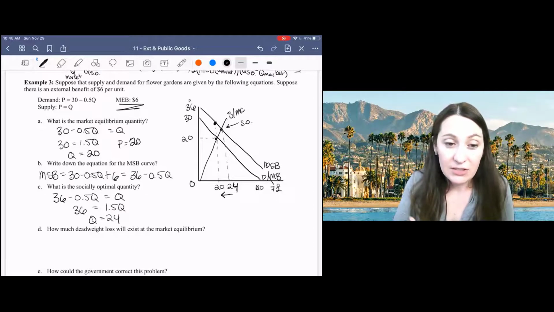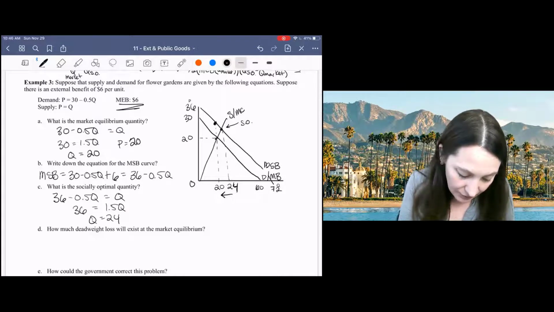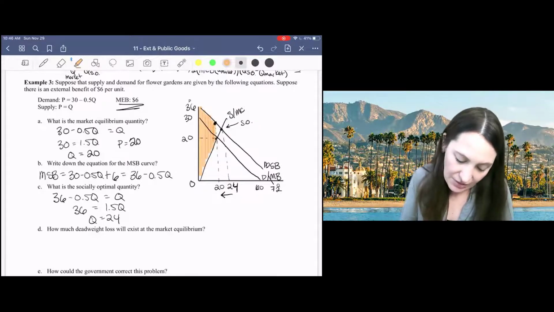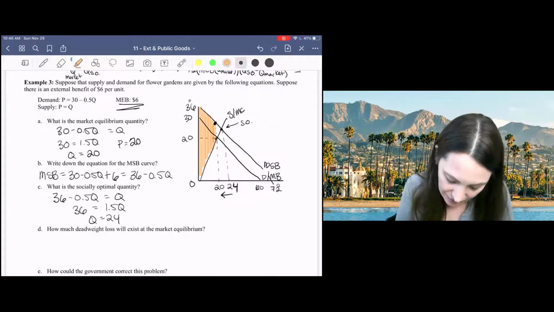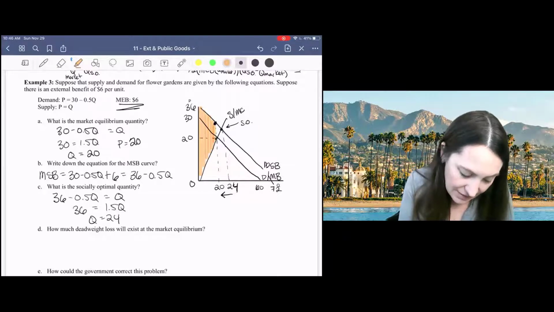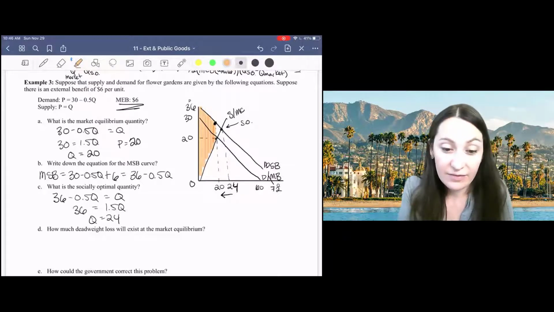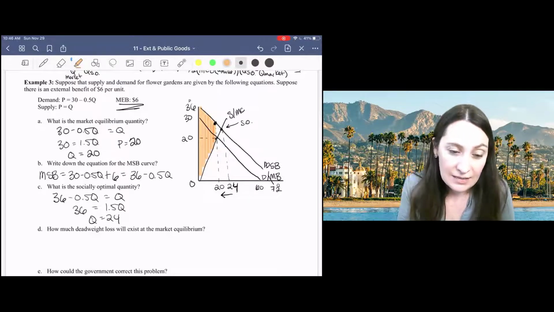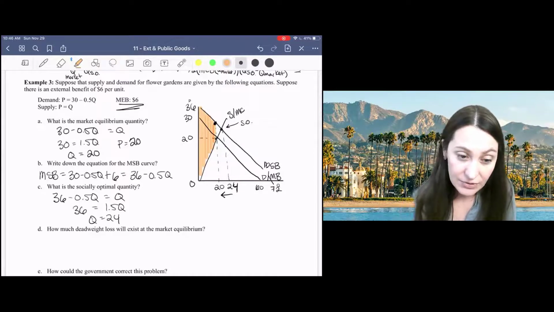And for our external benefit here, another way to think about our total surplus is that we're including our consumer surplus, our producer surplus, and our external benefit. So total surplus is going to be the area between our marginal social benefit curve and our marginal cost curve, and only out to the quantity that we're producing, right?